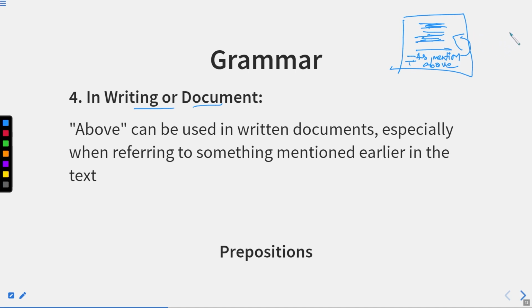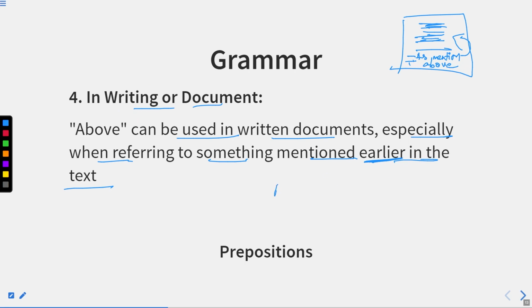Whenever we solve a question, we say "in the question above," or we say "let us see in the solution below." So below and above show the position of that particular thing as well. Above can be used in written documents, especially when referring to something mentioned earlier in the text.